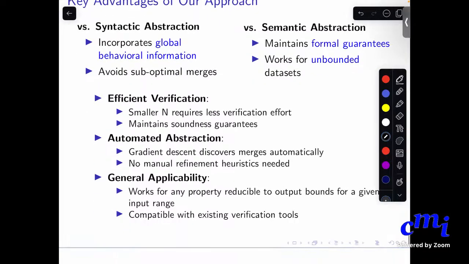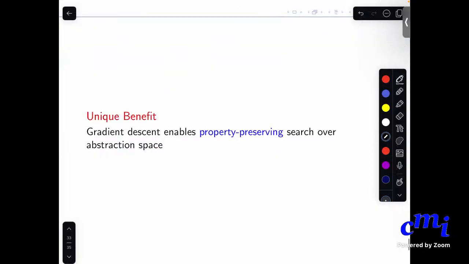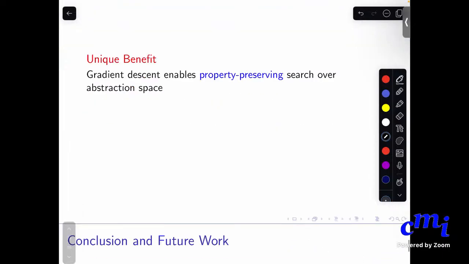It is compatible with the existing verification tools and works for any property reducible to output bounds for a given input range. The unique benefit is that gradient descent enables the property preserving search over the abstraction space.